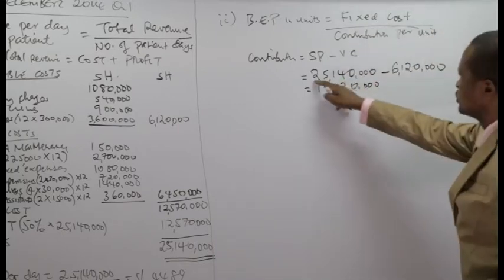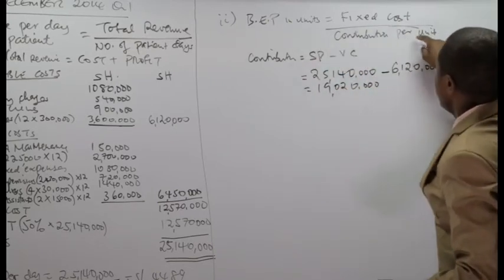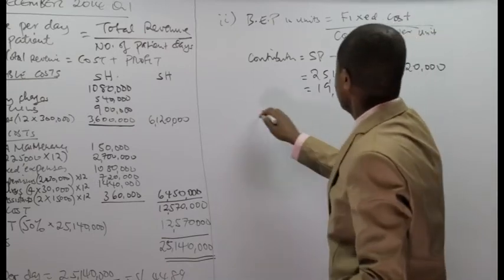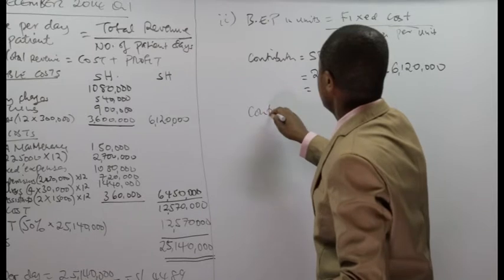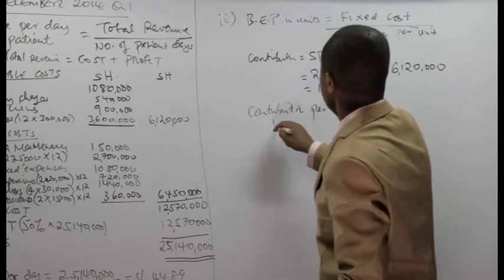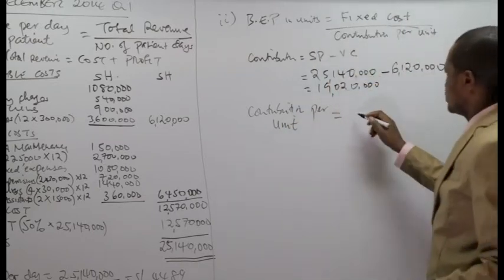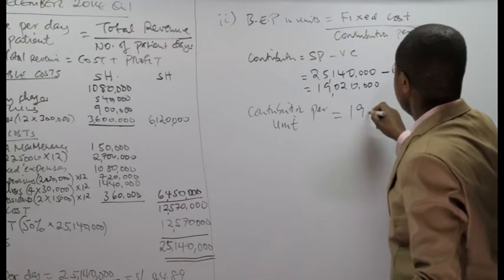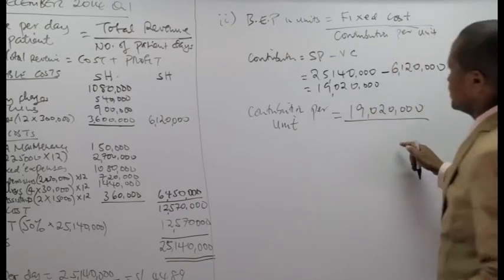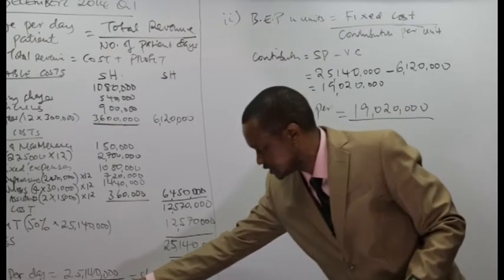Remember, these are totals. But for us to determine the break-even in units, we need contribution per unit. So we divide the total contribution, which you have seen is 19,020,000, by the number of units. Our units are patient days, which we calculated as 5,600.